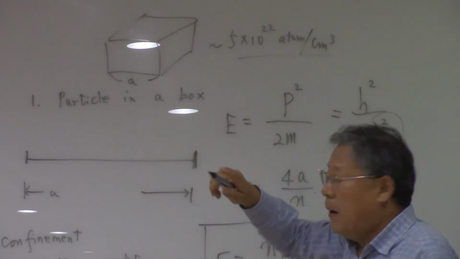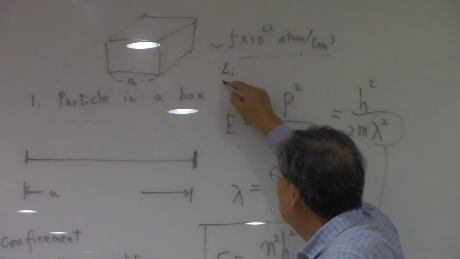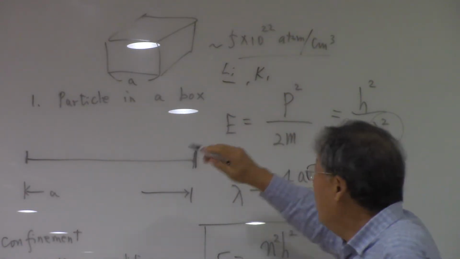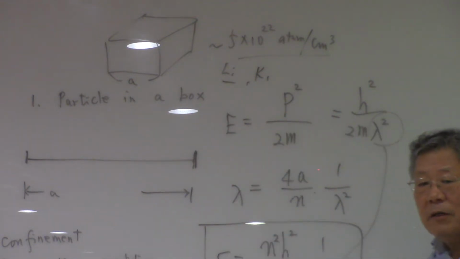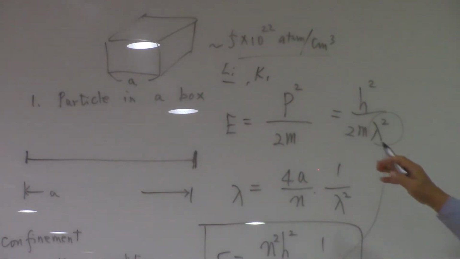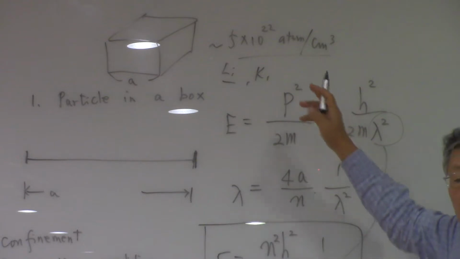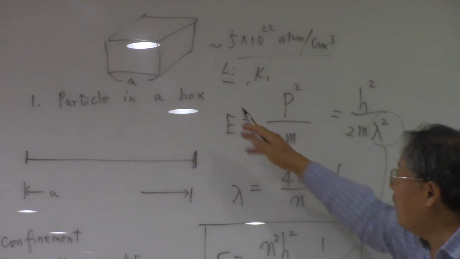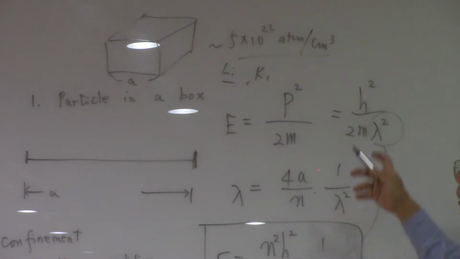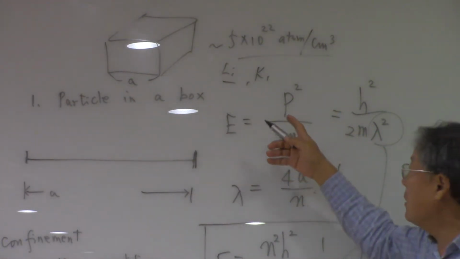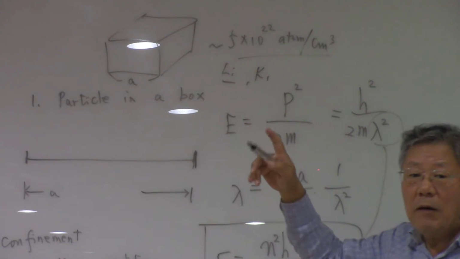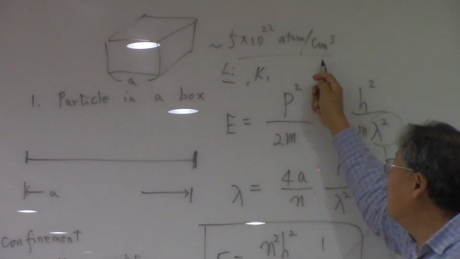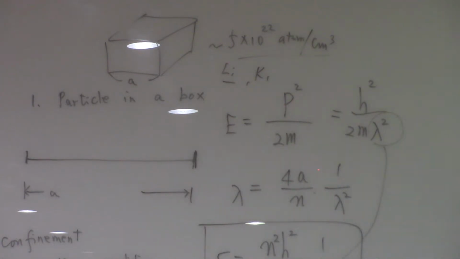Like lithium, okay, and then potassium, alkali metals, all they have is one free electron per atom, 1 to 1. So we can think that if the solid is lithium, we are going to have 5 times 10 to the 22 free electrons per cube, exactly the same number as the atoms.